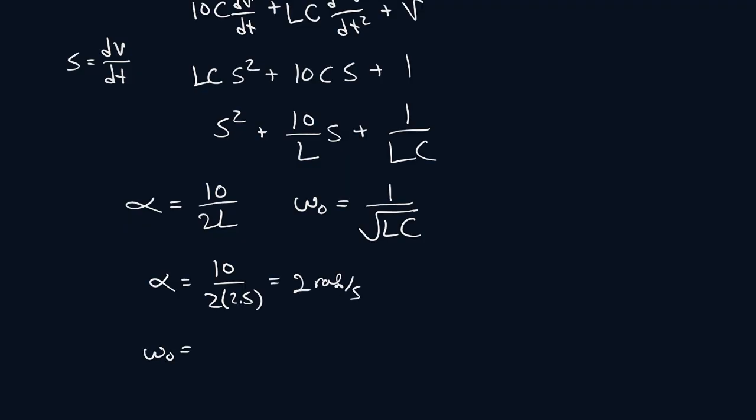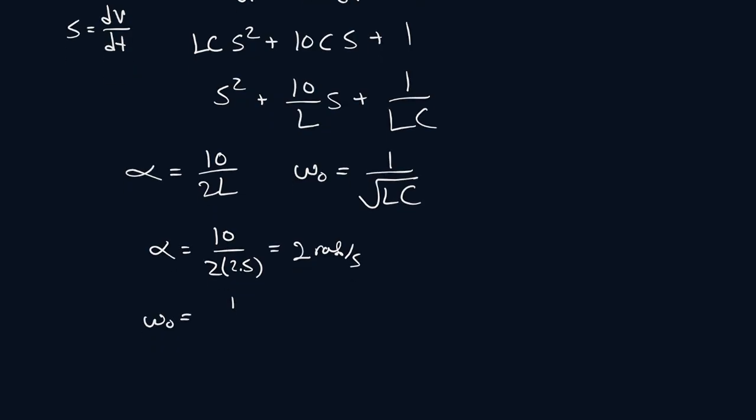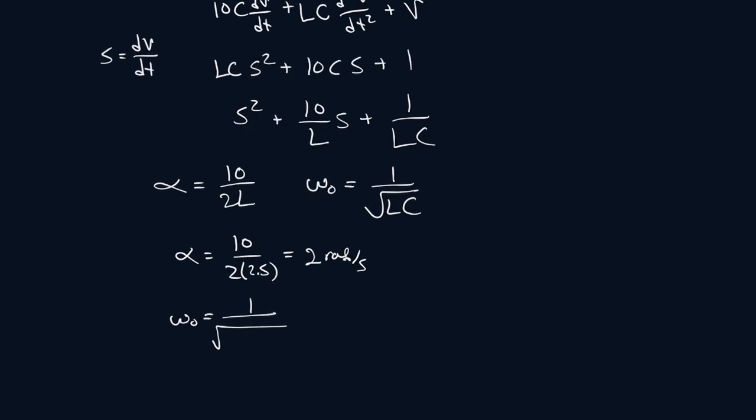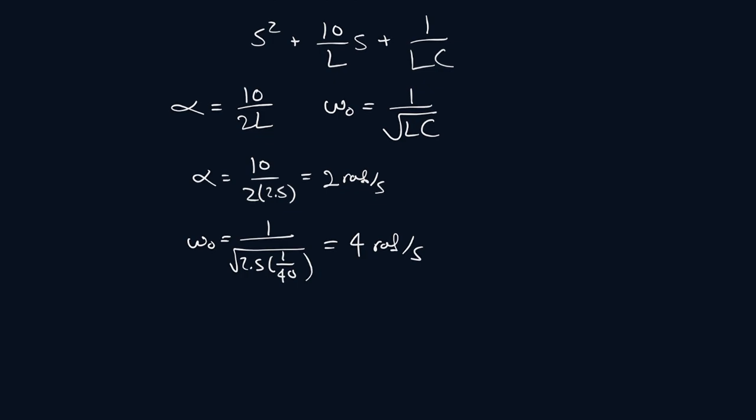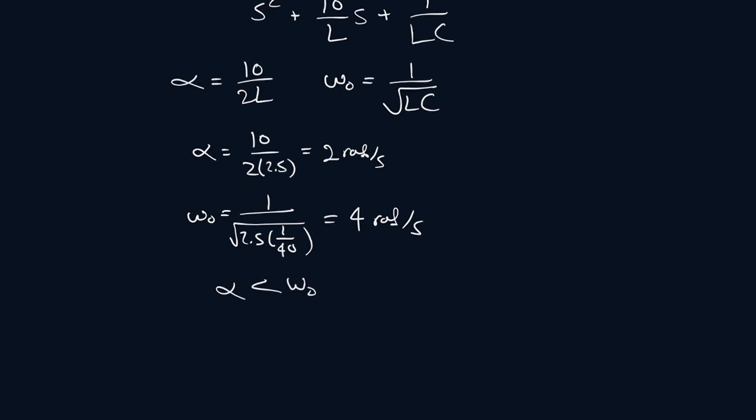And omega is 1 over the square root of 2.5 times 1 over 40, and that will give you 4 radians per second. Now we see alpha is less than omega, so that means it's underdamped.